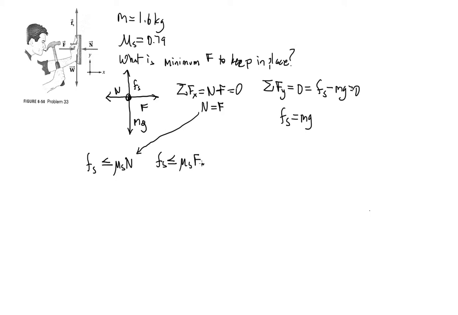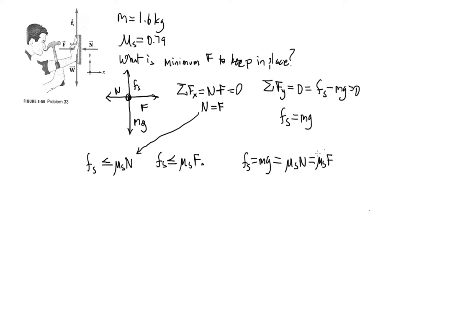Now it asks the question, what is the minimum force that we can press through? And that means that we're going to reduce our F smaller and smaller and smaller and hope that this condition that the friction force equals the weight remains true. Thus, we're going to have that Fs is going to have to be equal to mg and also equal to mu s times N. So in this less than or equal case, we ask what's the case of equality. And then we can figure out that that's also mu s times the force that we're pressing it in.